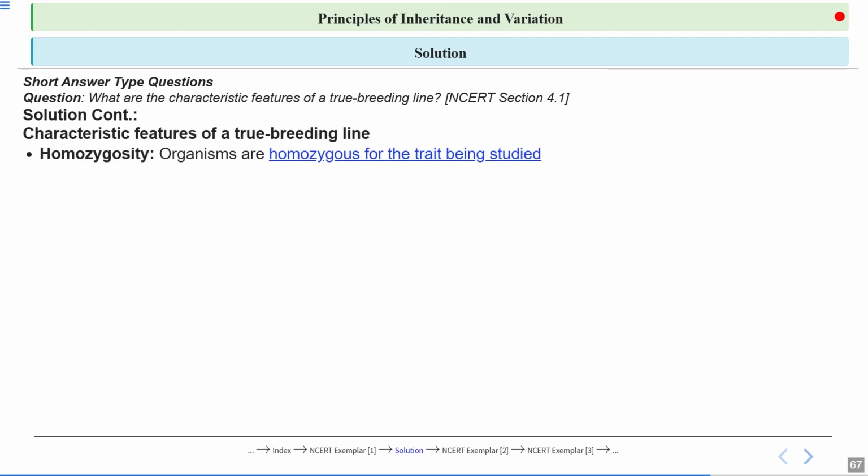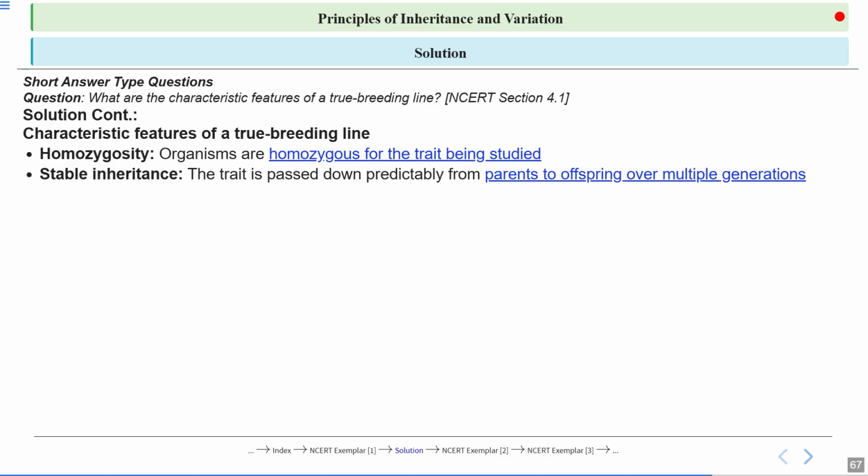Now, they are homozygous for the trait. True breeding lines are homozygous for the trait. Either they will be homozygous dominant or homozygous recessive, for example capital T or small t. They show stable trait inheritance, meaning the trait is passed down from the parent to the offspring over multiple generations. The trait is not lost, it is being passed on from one generation to the next.